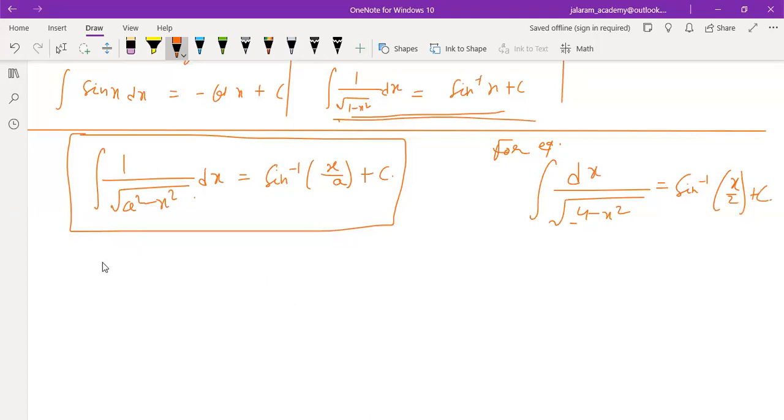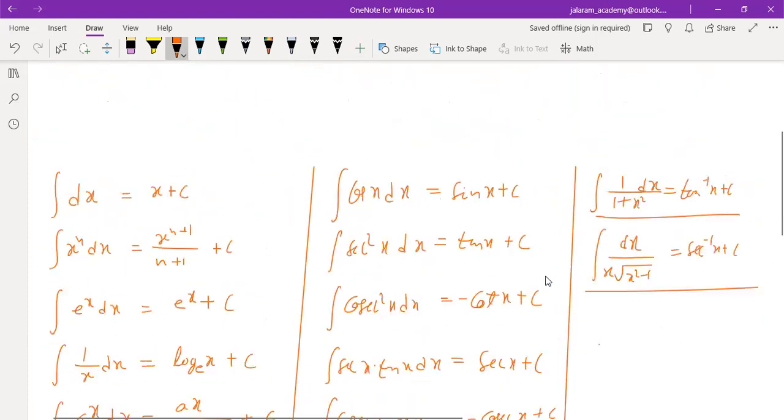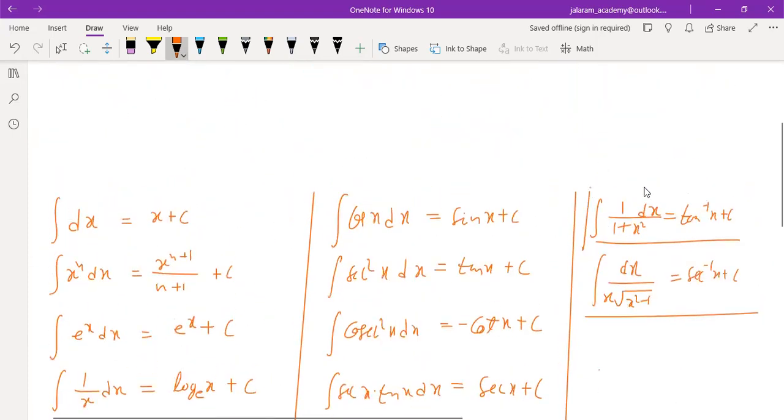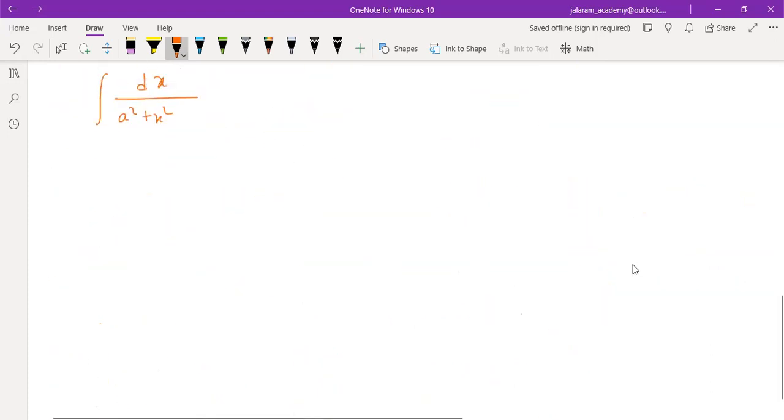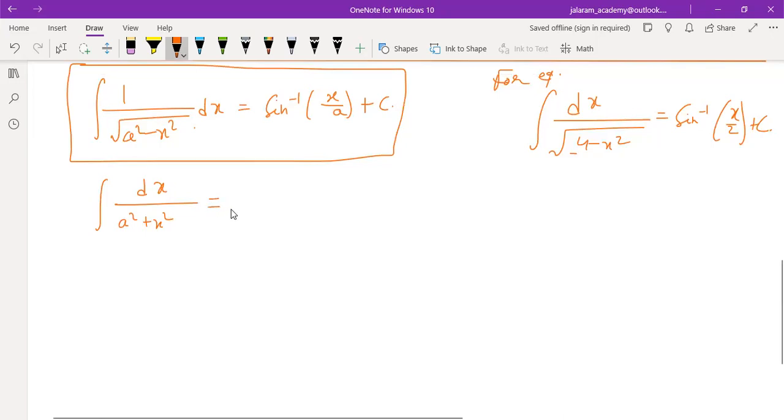Similarly, if it is dx upon a square plus x square, we have studied one formula for this: integration of dx upon 1 plus x square is tan inverse x plus c. But in place of this, if it is a square plus x square, it will be 1 by a tan inverse x by a plus c.